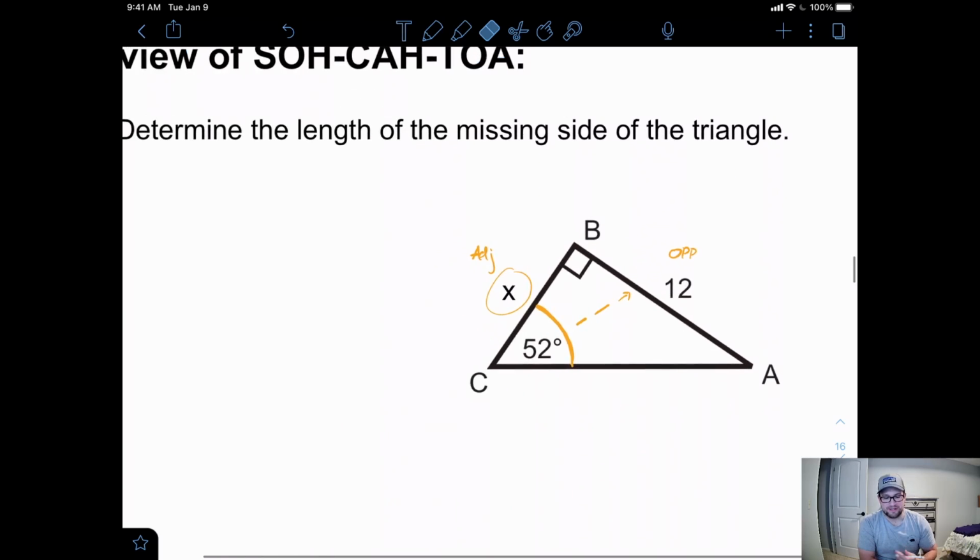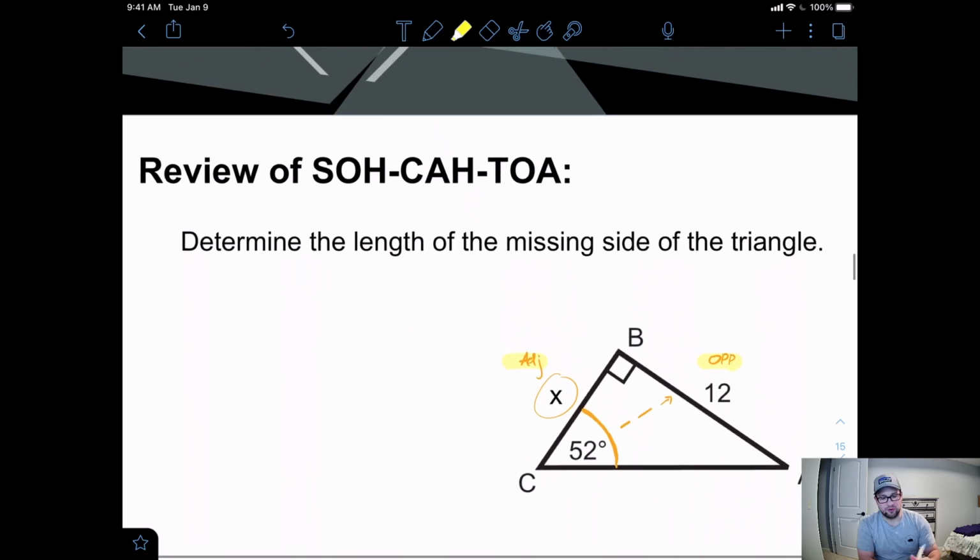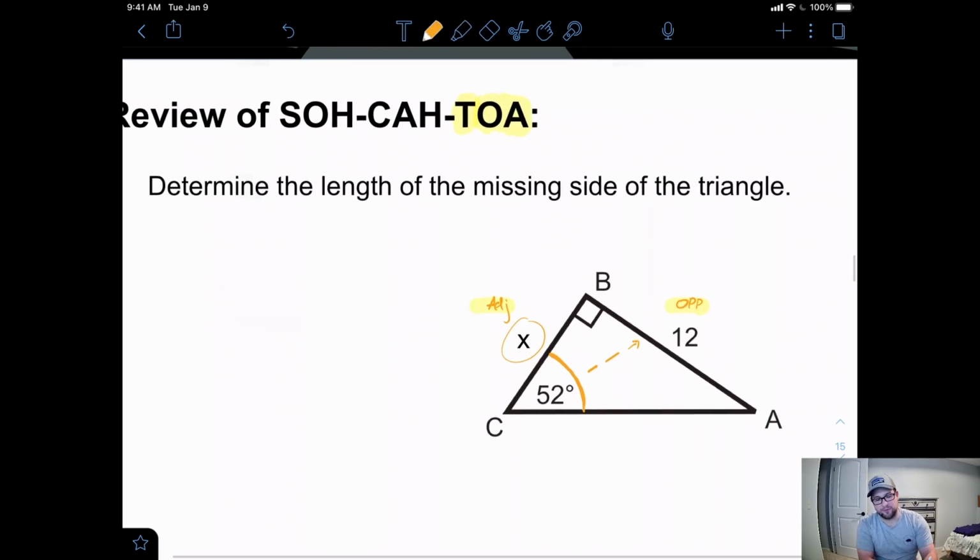What I do know is the opposite side, and I want to find the adjacent side. So if I go up to the SOH, notice how opposite and adjacent both show up in the TOA, or the tangent part of that mnemonic. So we want to use tangent for this. We would say the tangent of our angle, 52, is equal to the opposite, which is 12, over the adjacent, which is x.